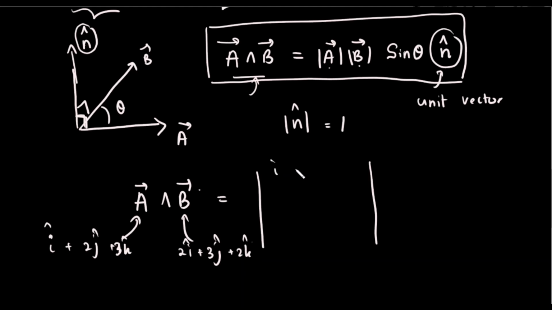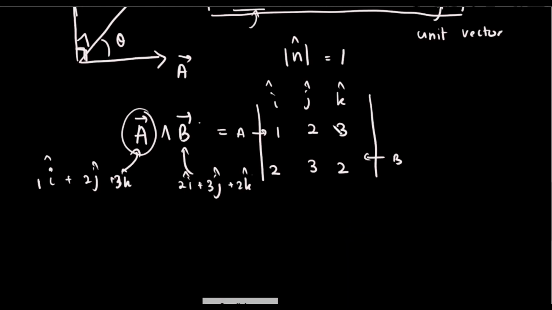So you write i, j, k, and then the coefficients of the a vector: 1 for i, 2 for j, and 3 for k. We write this for the a vector, and we do the same for the b vector: 2, 3 and 2.